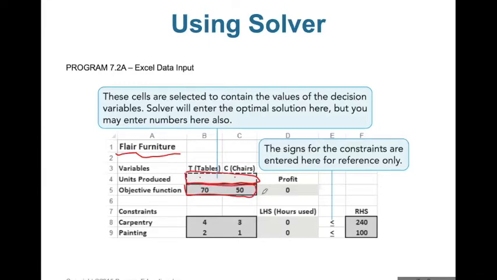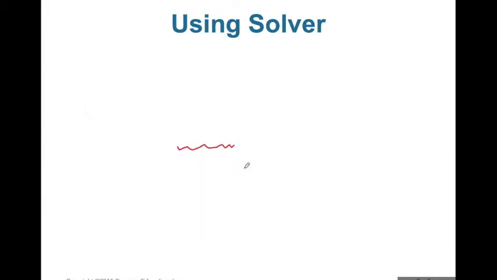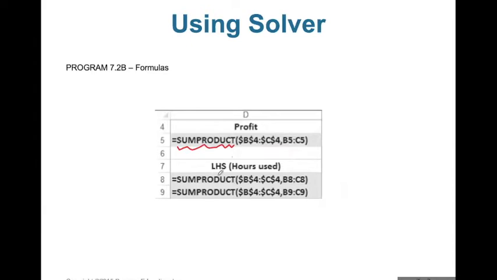Okay, and then you can calculate the profit. So in SUMPRODUCT, the first step is the product, the multiplication of the numbers, cell by cell, and then it does the summation, adding them up. So this is the SUMPRODUCT function in Excel. In the same way, you can use this function to calculate the left-hand side of the constraints, like this.